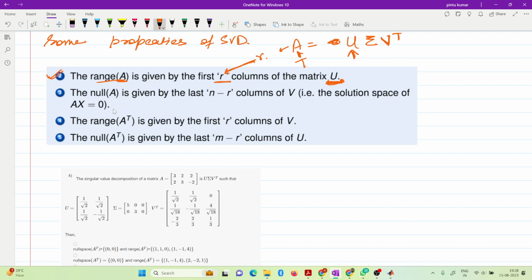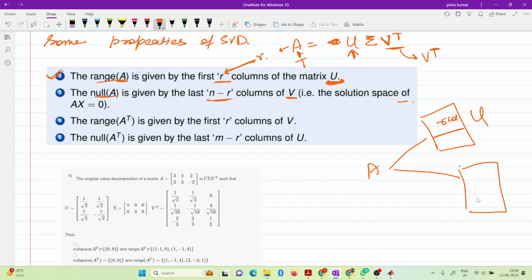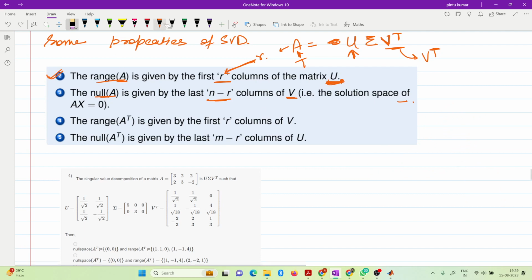The second thing is that the null space of A is given by the n minus R columns of V, or the n minus R rows of V transpose.